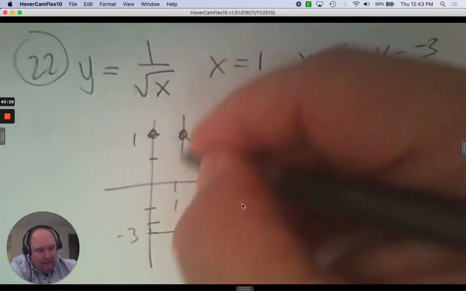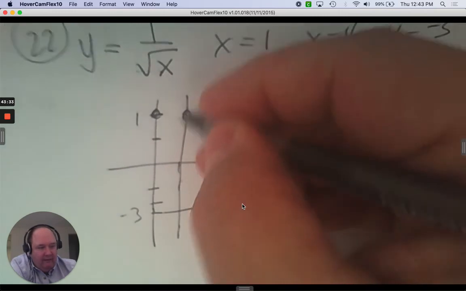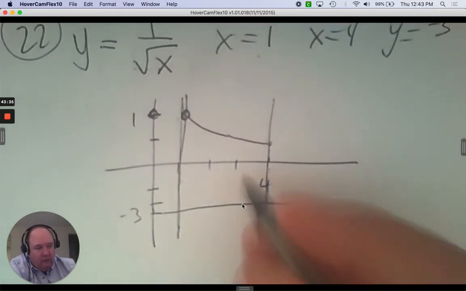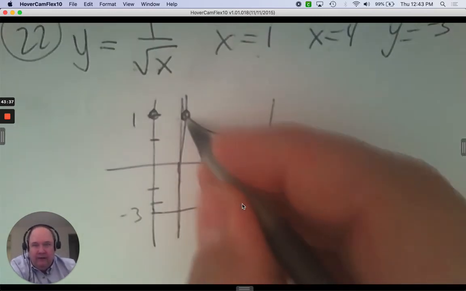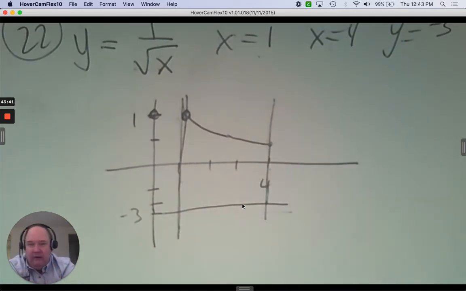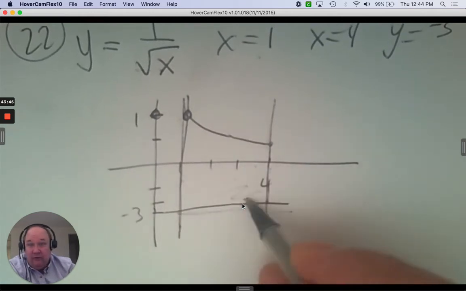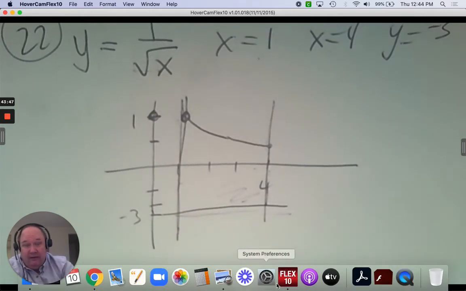So we have x equals 1, x equals 4, y equals negative 3, and the curve. And I'm supposed to find the area there. Now, this area underneath the x-axis is just a rectangle. So if I just want to find the area, that's super simple.